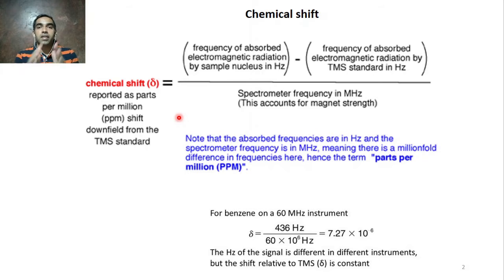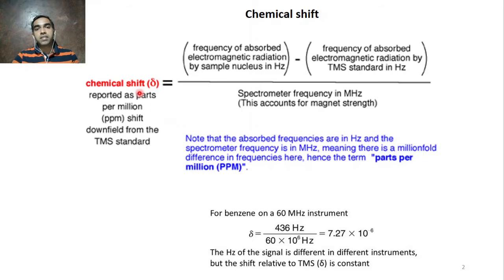If the external magnetic field changes, every time the position of the peak also changes, because the resonance frequency will change, so it won't be constant. In order to avoid this problem, they have introduced an important parameter called the chemical shift.